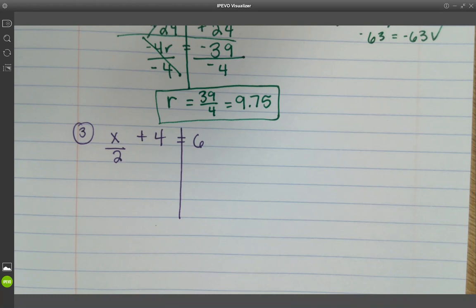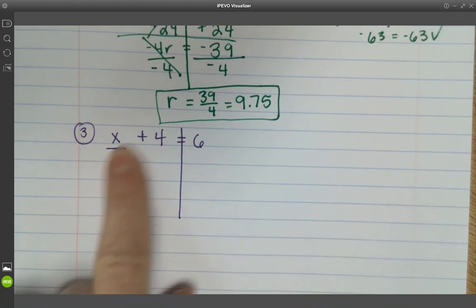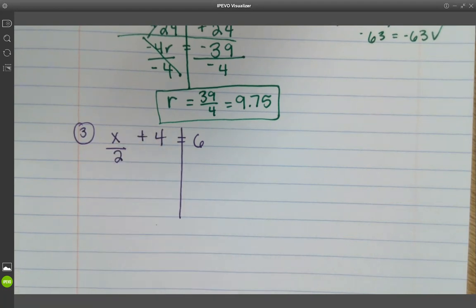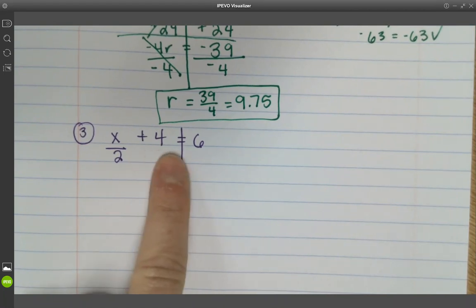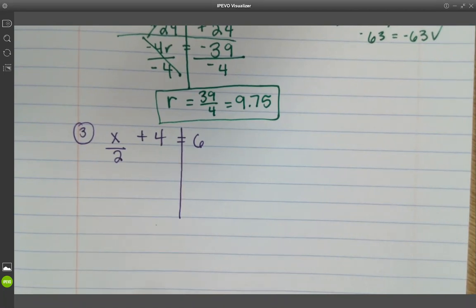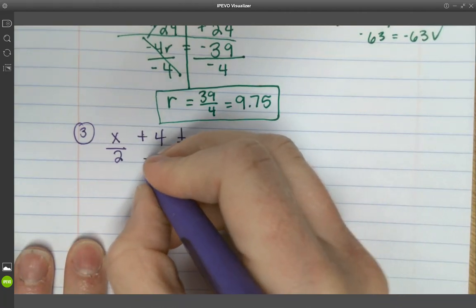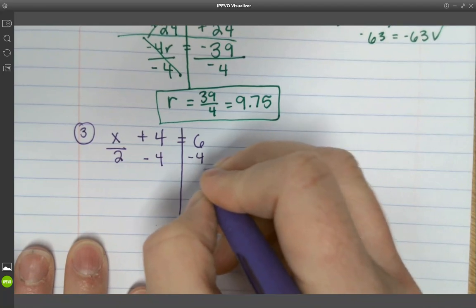We need to get x by itself. Right now, x is being divided by 2 and there's the positive 4. Before we deal with fractions or the coefficient, which is the number in front of the variable, we need to get rid of the plus or minus the number. So we need to get rid of this plus 4. What's the opposite of plus 4? Negative 4. So we do it on both sides.